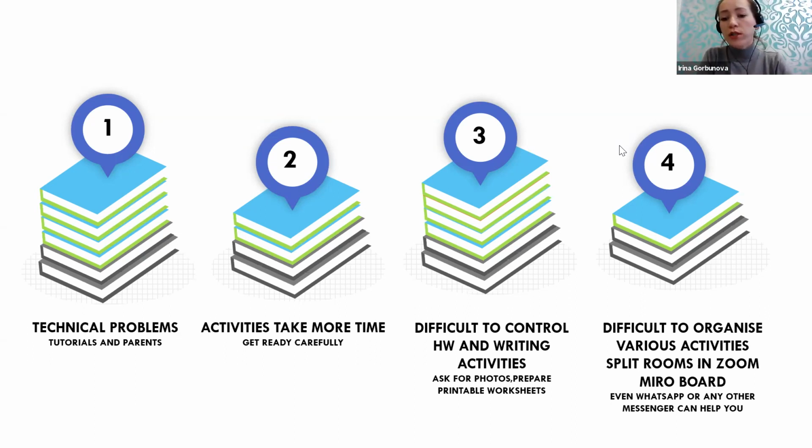And one more thing, it's difficult to organize various activities. Usually it comes to frontal work, when there are 4 children and you ask Masha, Tanya, and so on. Well, Zoom classes help. You can split them into rooms. I didn't try it with 4-year-old kids, but I did it with 5, 6-year-olds, and that was okay.